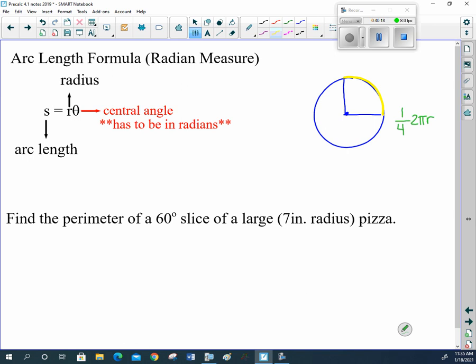Okay, well, how that works out formula-wise for any angle is this piece right here. It's always going to be 2 pi r, okay? But the fractional part out in front is going to be whatever the angle measure is you're talking about. So let's say I made my arc length a little bit longer and I went over to here.